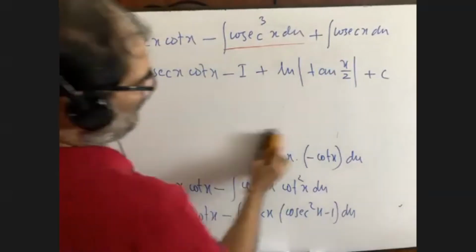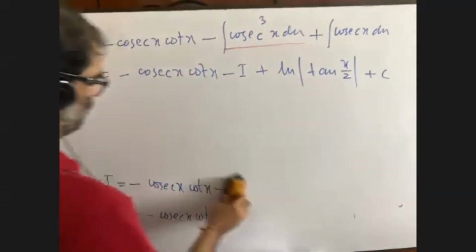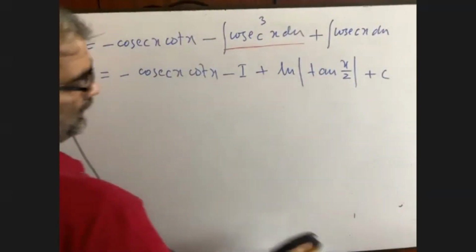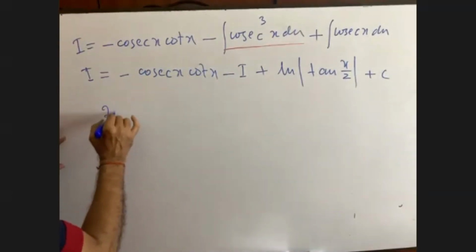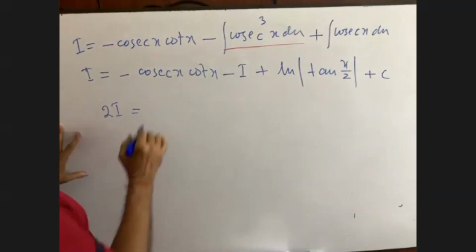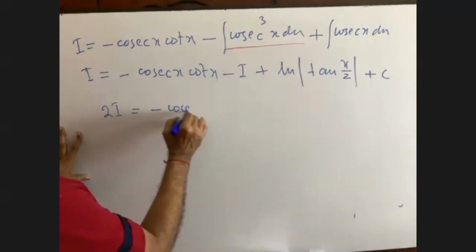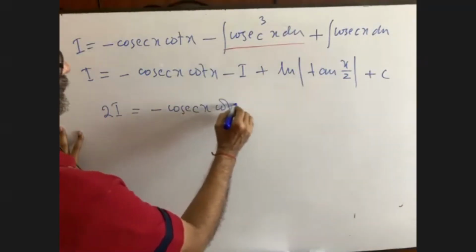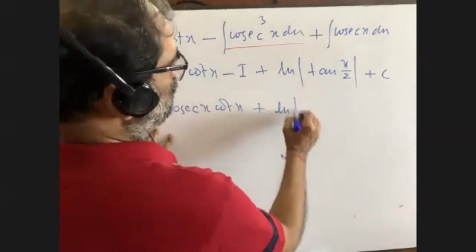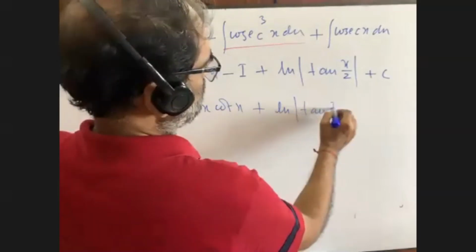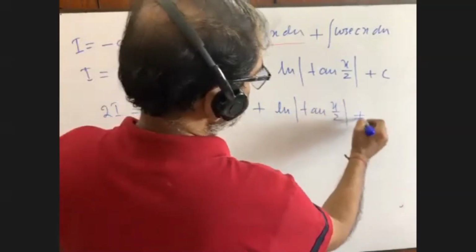One day I showed you this type of 4 or 5 integrations. So I and I will be twice I is equal to minus cosec x cot x plus ln tan x by 2 plus c.